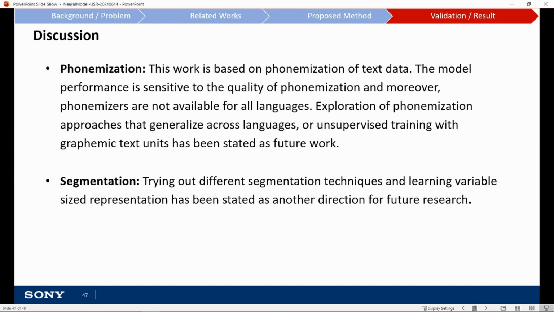So exploration of phonemization approaches that generalize across languages, or unsupervised training with graphemic text units, has been stated as future research. Also, they use a very simple segmentation approach, just k-means clustering, so they say that more complicated clustering approaches can also be tried in the future.